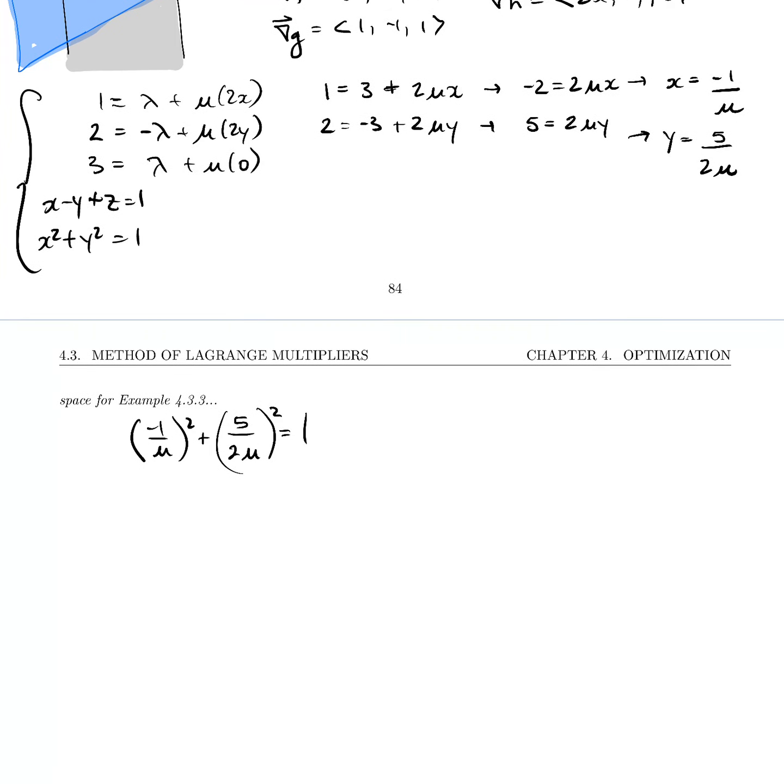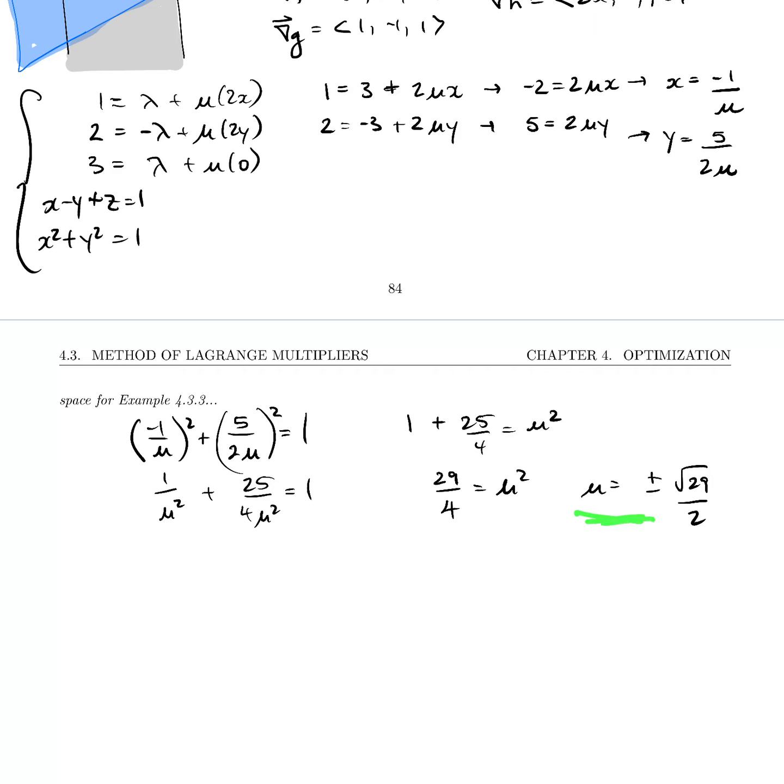We get 1 over mu squared plus 25 over 4 mu squared is equal to 1. If we multiply both sides by mu squared, we're going to have 1 plus 25 over 4 is mu squared, or putting things on a common denominator, 29 over 4 is mu squared, so mu is equal to plus or minus the root of 29 over 2.